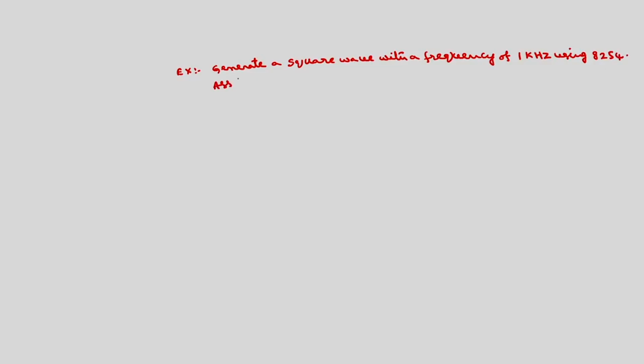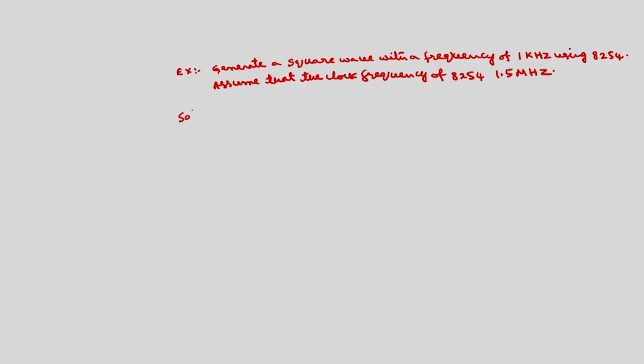Assume that the clock frequency of 8254 is 1.5 megahertz. As I have told in the last class, the clock frequency of 8254 can vary from DC to 10 megahertz. Here I am considering 1.5 megahertz.